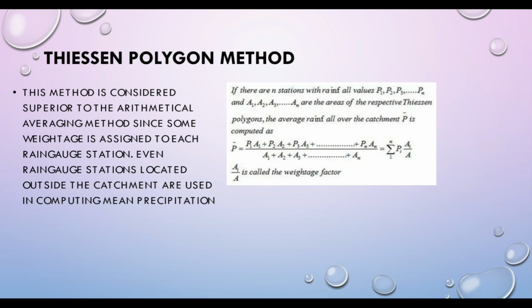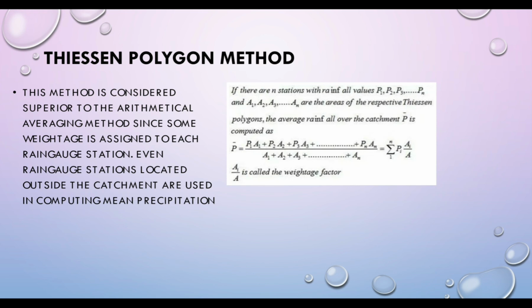If the boundary of the catchment cuts the bisectors, then the boundary is taken as the outer limit of the polygon, and these bounding polygons are called Thiessen polygons. The area of these polygons is measured with a planimeter or by grid overlay.